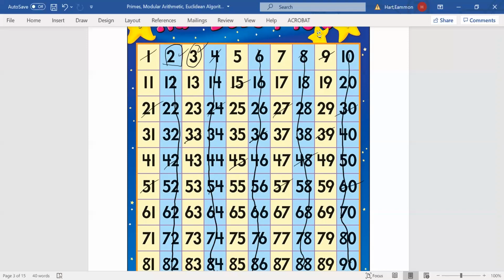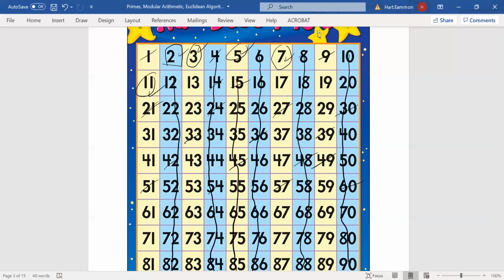I'll just leave it at 60. 5, check. And 5 again is easy, it's just the things that end in 5 and 0. 7 is also prime, so I would eliminate all of the multiples of 7, and everything should be good except for 49.